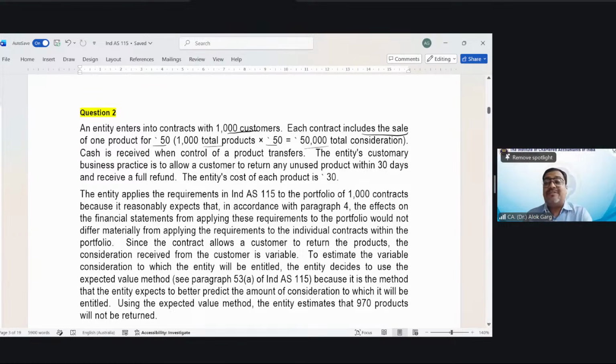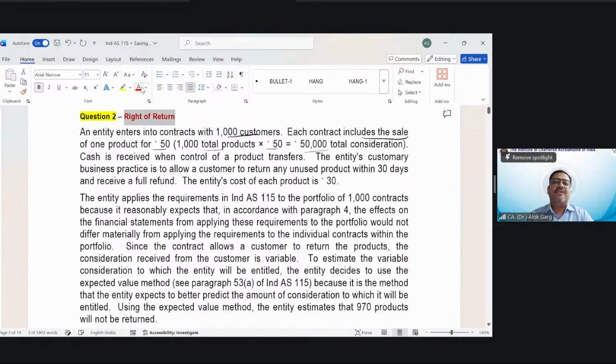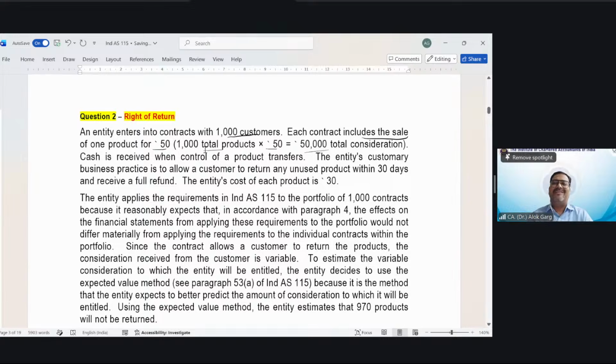So this concept is for right of return. Okay. So one thing we have gauged right now, this concept is for right of return, right? With the help of this question, we are going to cover the concept of right of return. Okay. And what is given here in the question?